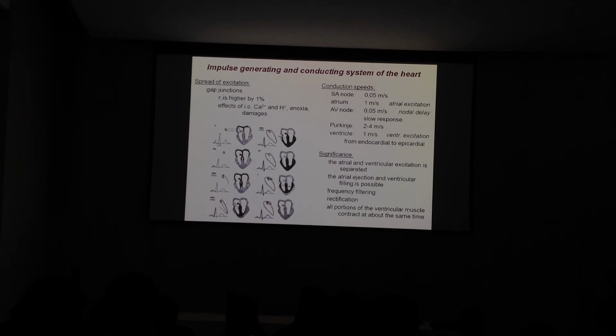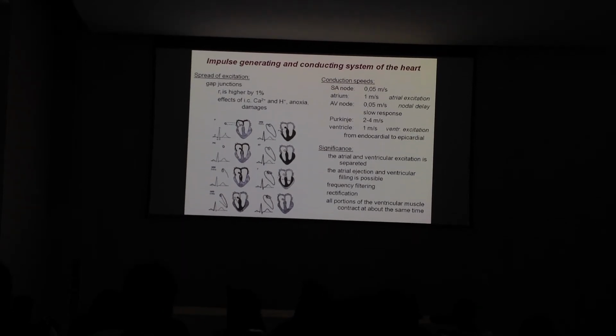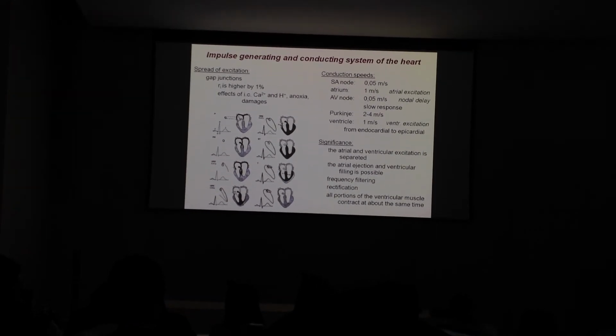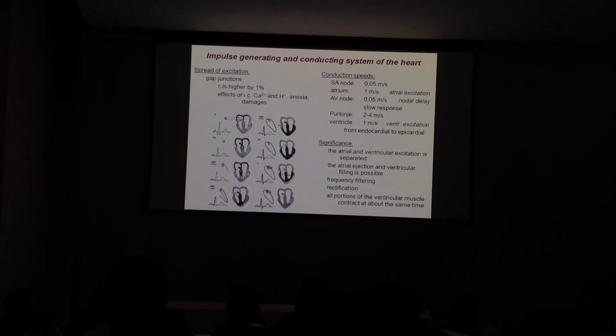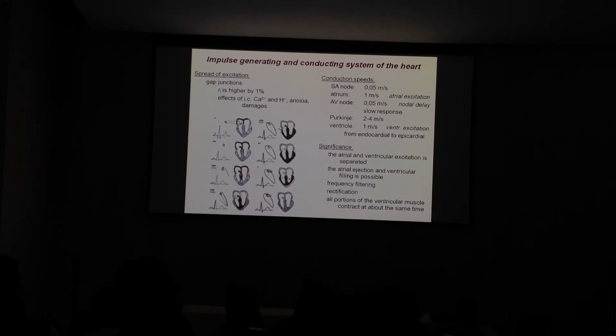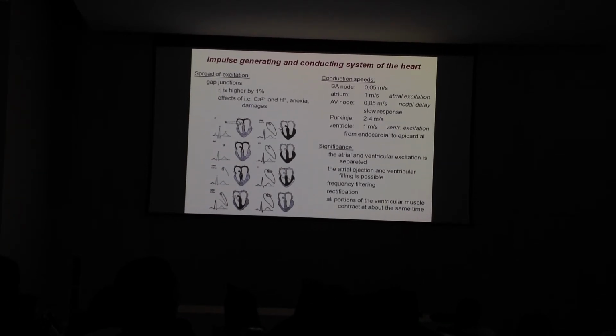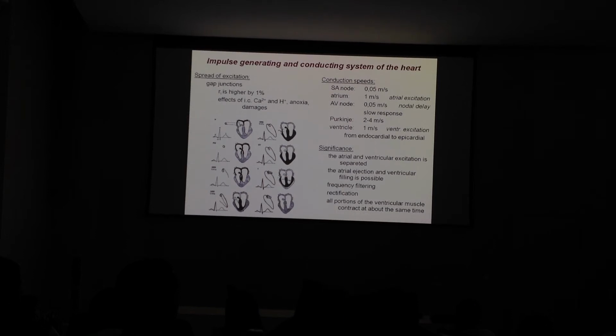There is a frequency filtering at the AV node. It's a very important thing with a very serious practical significance. Sometimes the atrial muscle fibers fibrillate. It means 200, 300 action potentials are appearing in the atrial muscle fibers. What happens with the contraction-relaxation cycle?